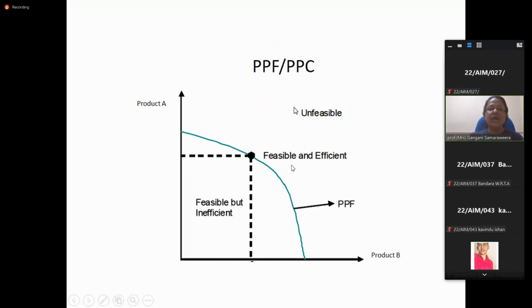It is called the production possibility curve or production possibility frontier.